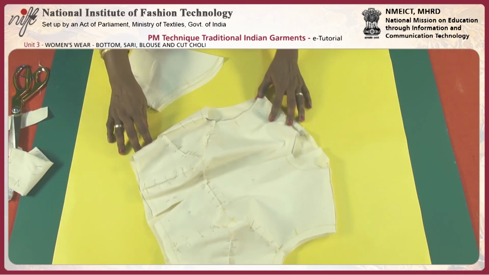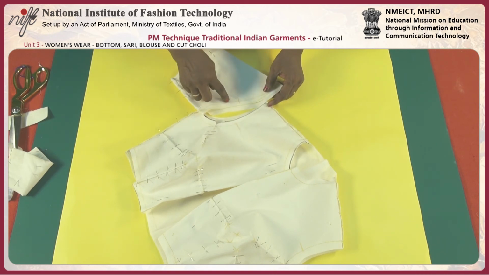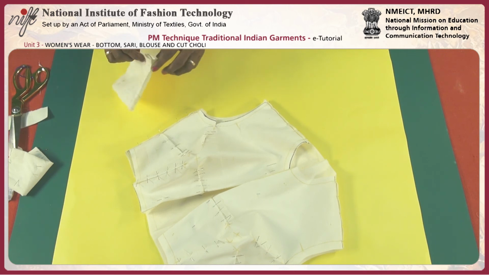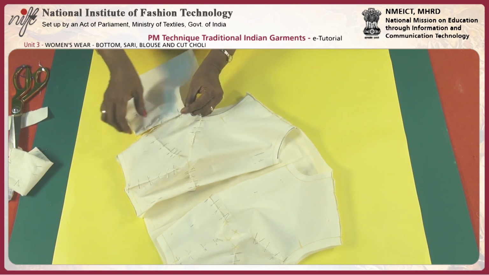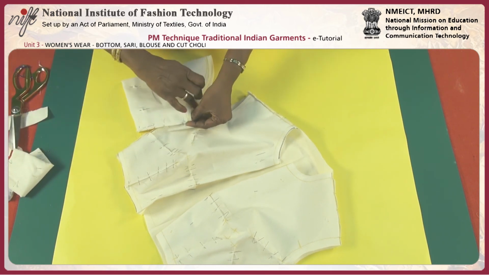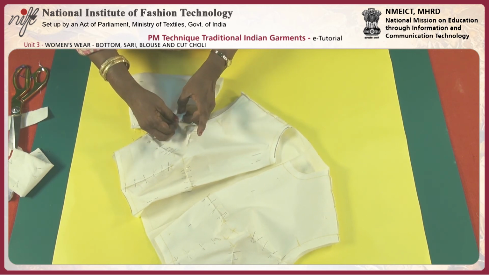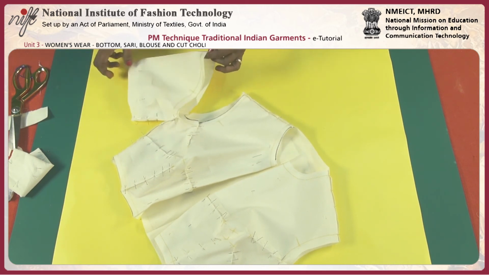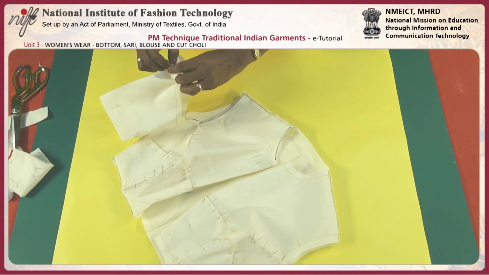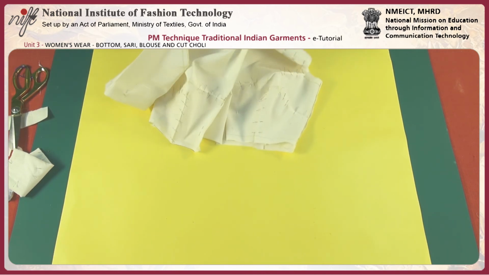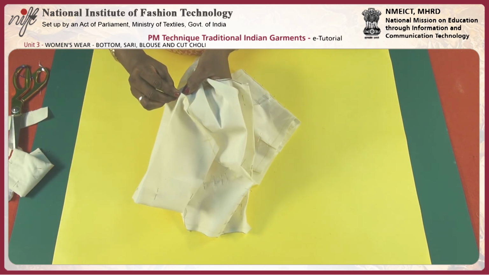Now we are going to assemble the sleeve. The front armhole should match with the front armhole. Start from the underarm, and 1/3 of an inch away from the center should match with the shoulder point.